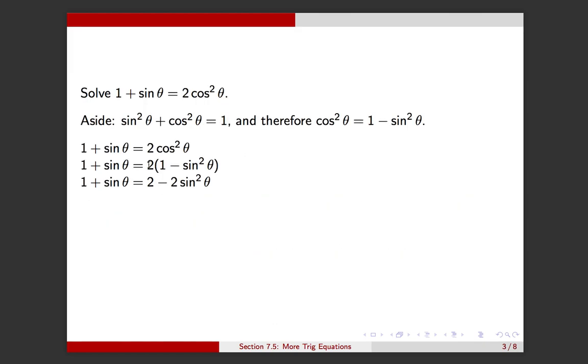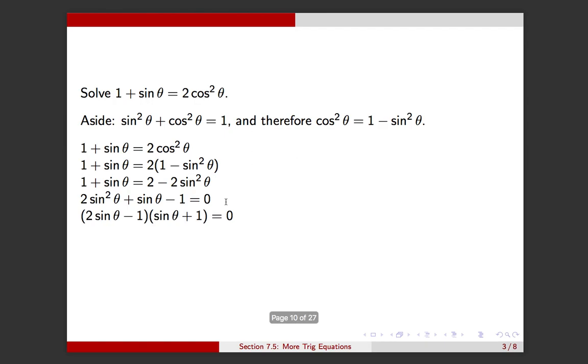Okay, so I've replaced cosine squared with 1 minus sine squared, so let me just put that 2 in there. So on the right I have 2 minus 2 sine squared theta. And now let me just put all terms on one side. So I'm going to add the 2 sine squared over. I will subtract the 2 over, meaning I have a minus 1 right there. And now I have a quadratic equation in terms of sine.